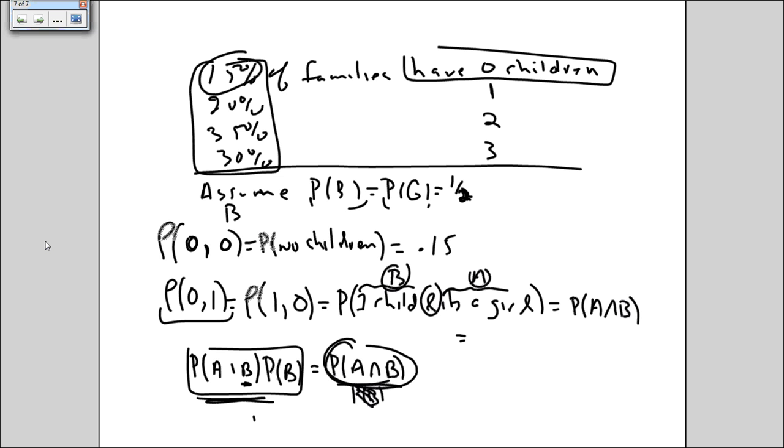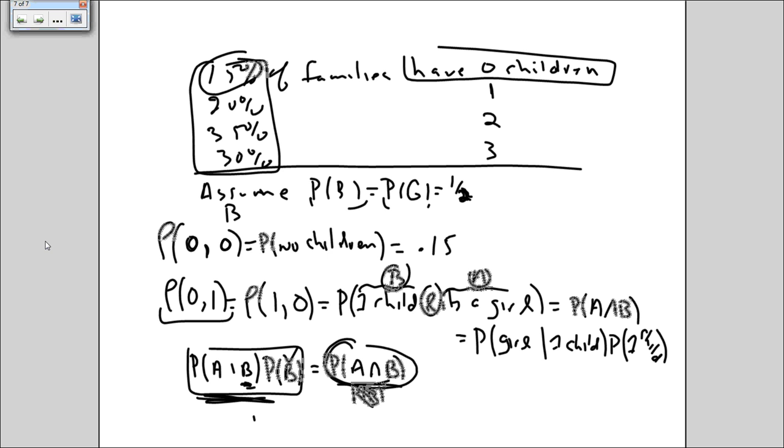It's the probability of A, that is having a girl, given B, that you have one child, times the probability of B, the probability that you have one child.